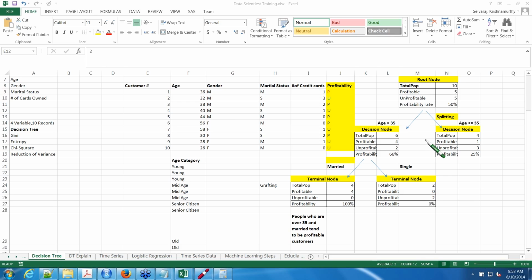While it's splitting the branches, which branch will get the maximum outcome, or can reach a leaf node, that column will be chosen. For explanation purposes, I have chosen age only. You can choose a different column as well and try out the tree. Fine?